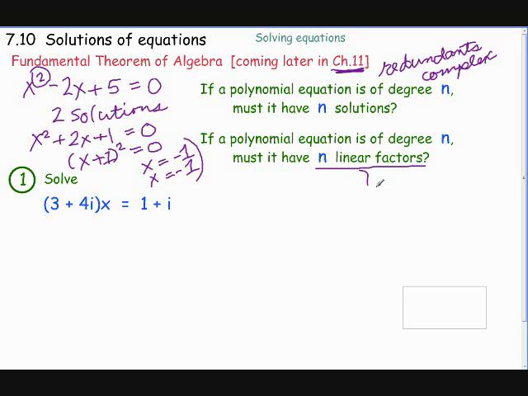And the answer is yes. It's not always easy to get to them, but it will have n linear factors. If you have n solutions, you will have the same number of factors. And so isn't that tidy? No wonder they call it the fundamental theorem of algebra.